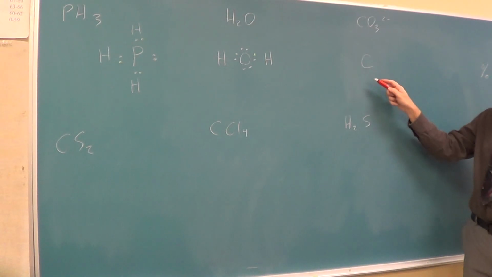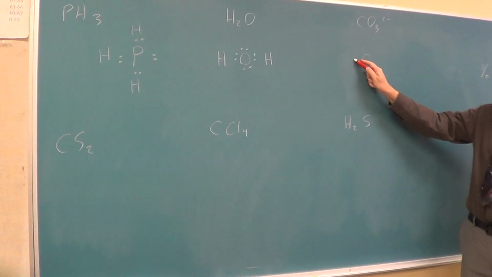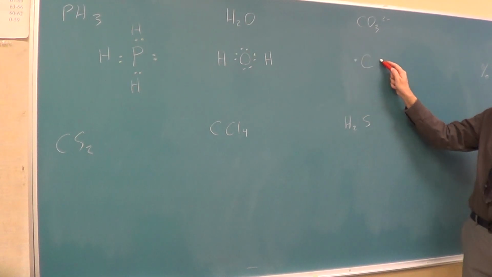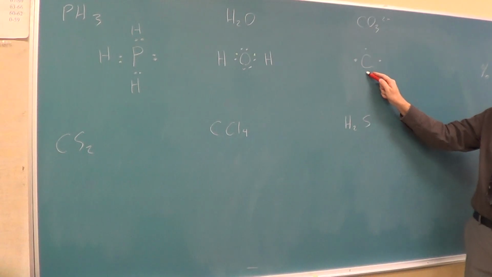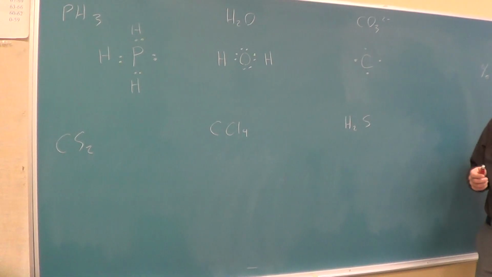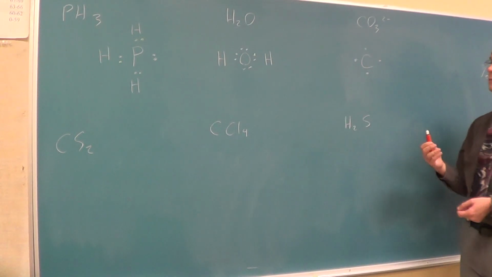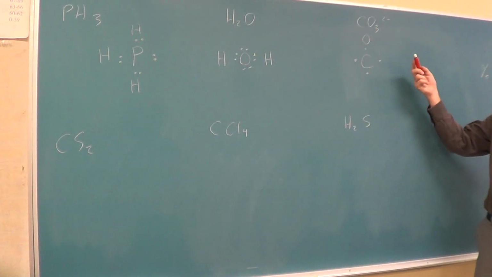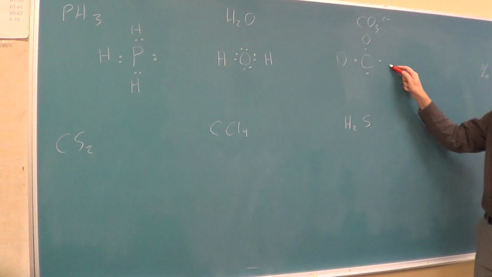So central on this is C. C has 3? No. 4 dots because it's in column 4. So your first instinct is probably 1 on each side. O's come in. There's 3 of them, so top, left, right.